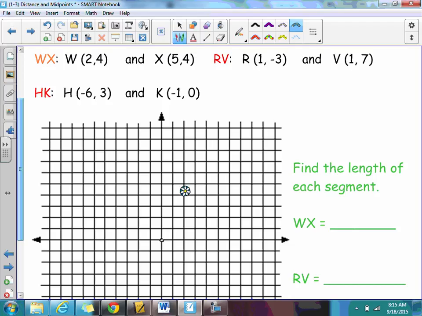Here's W, and X is 5, 4. R is 1, down 3, and V is 1, up 7. I'm going to connect them. There's one segment, there's another segment.